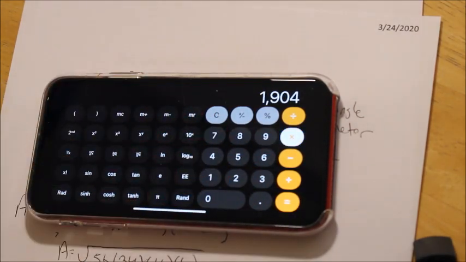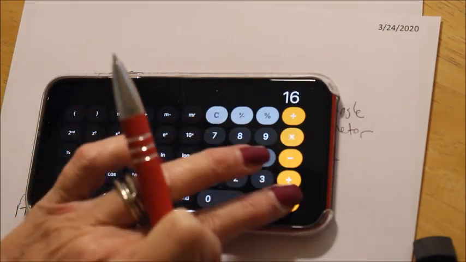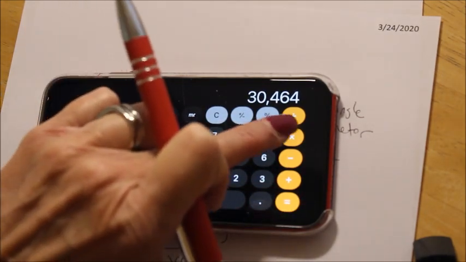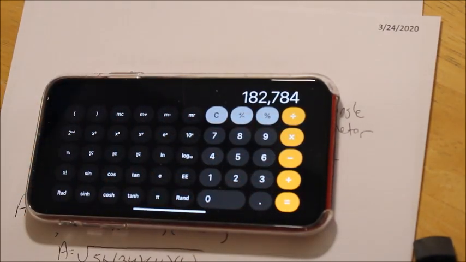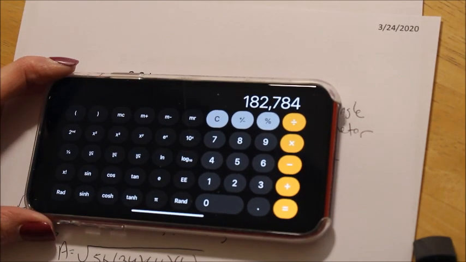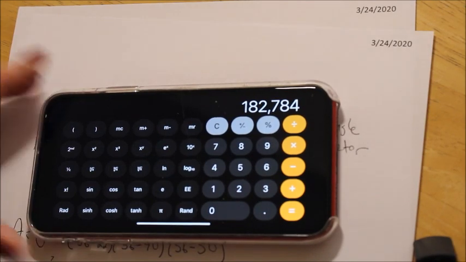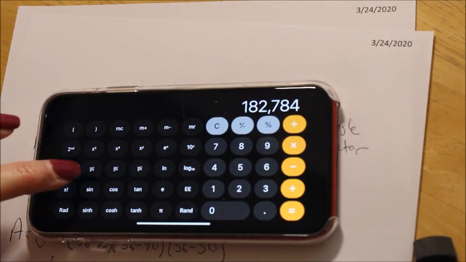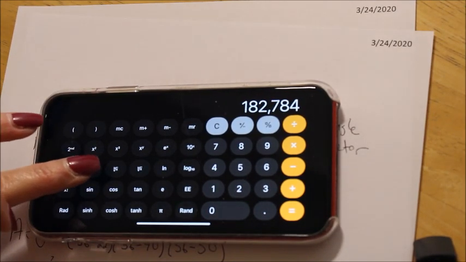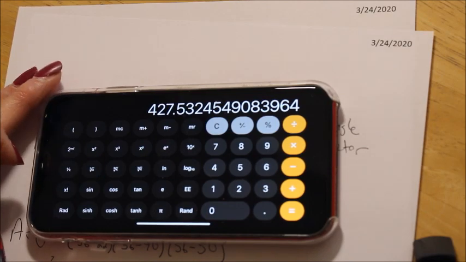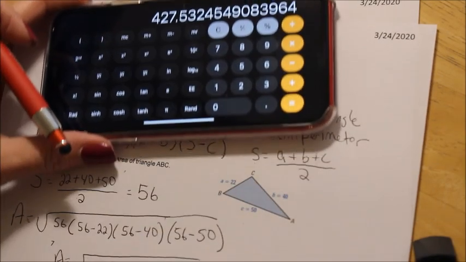Now I'm going to times that by 16 equals. And now I'm going to, yeah, I was right, times that by 6. Now, I don't know if that was what I just got a minute ago or not, who knows, but anyway, I think that's right. Anyway, and now you're just going to take the square root of that number, which there's your square root button right there, and we get about 427.5.